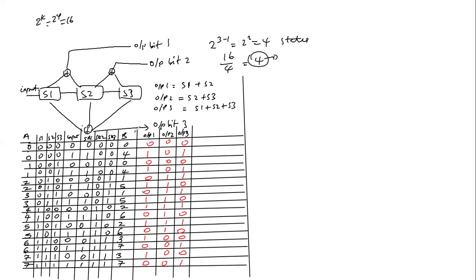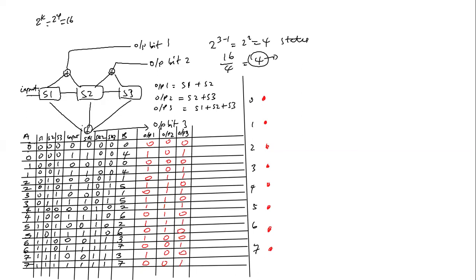In designing the Trellis diagram, we have 8 states, from 0 to 7. That's perfect.